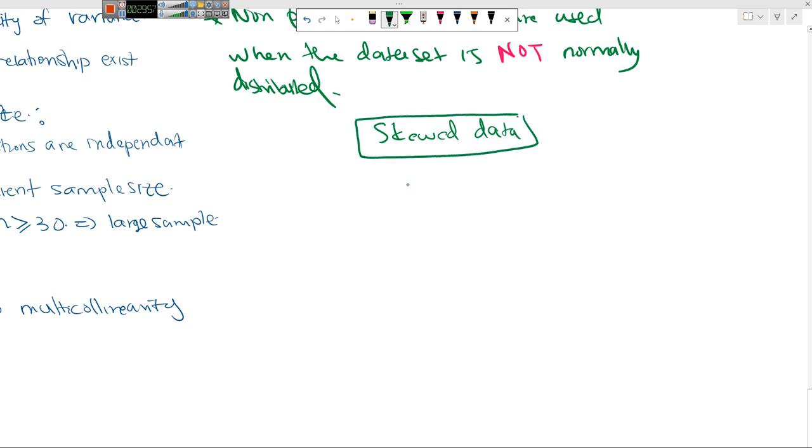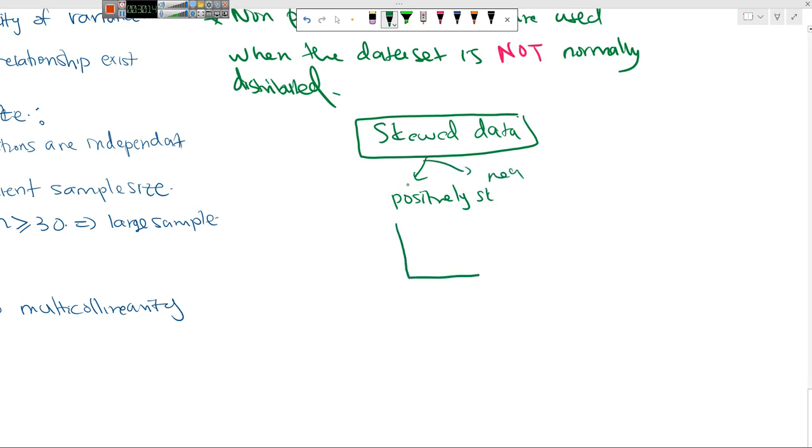Now the skewness may occur due to several reasons, right? This is one type of skewness. The first one is positively skewed and the other one is negatively skewed, right?